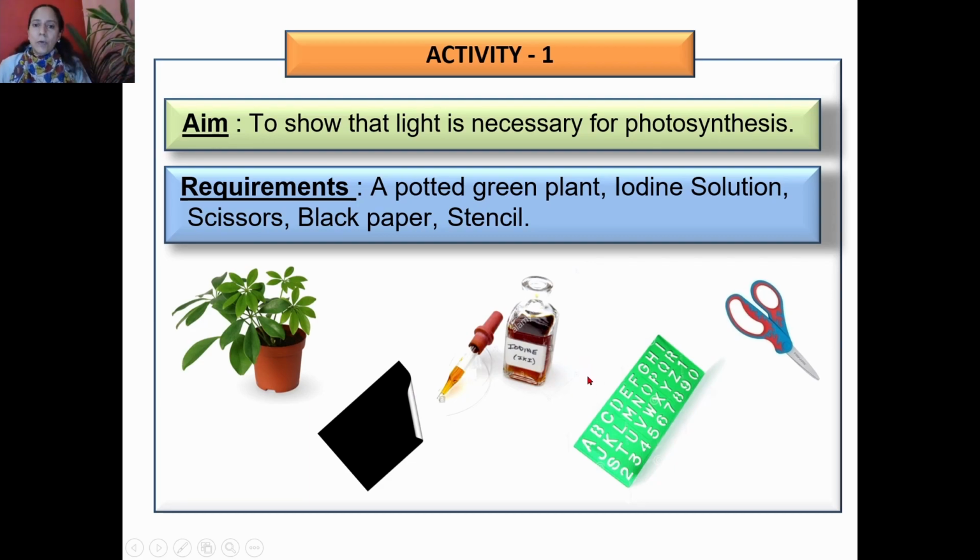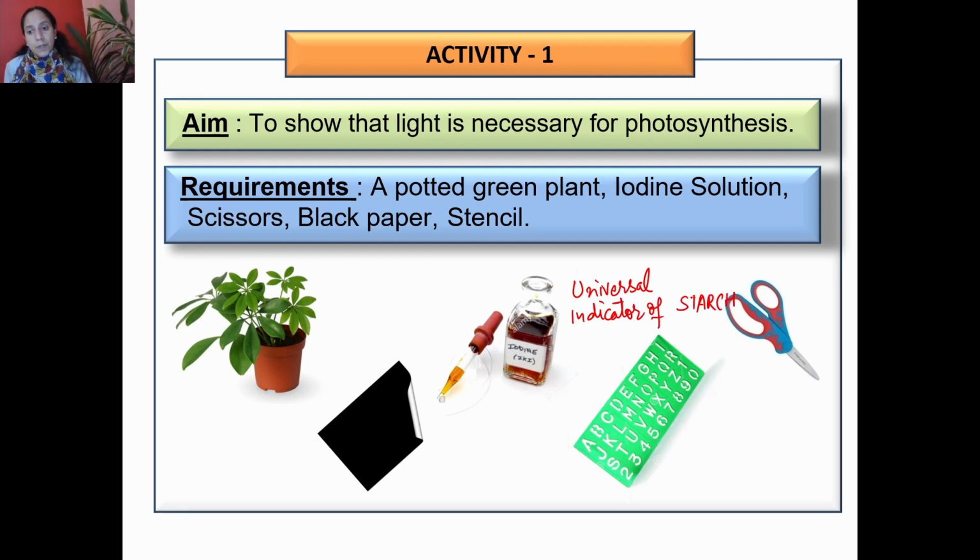These are a few requirements when we have to carry out this experiment to demonstrate that light is very necessary for photosynthesis. Now pay attention to this solution, iodine solution. Iodine solution is a very important solution. It is a universal indicator of starch.